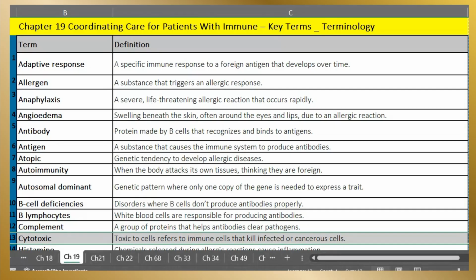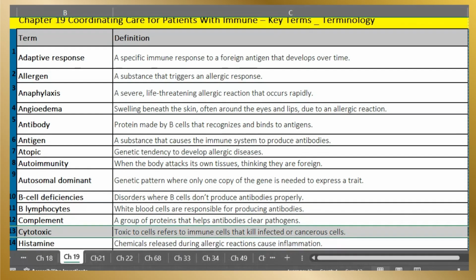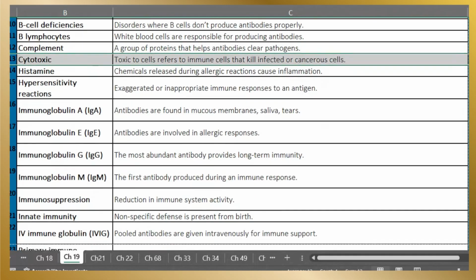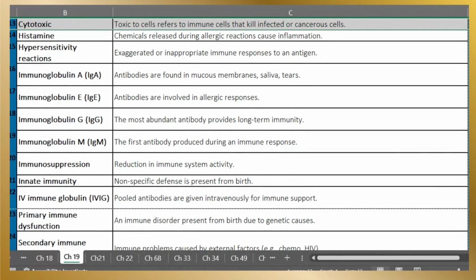So yeah, cytotoxic, it's toxic to cells, refers to immune cells that kill infected or cancerous cells. So we scroll down the page and we have histamine.